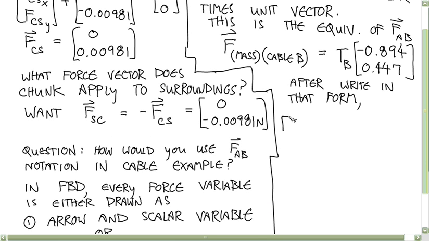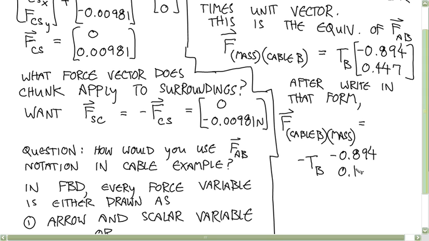Then the force on cable B applied by the mass is negative TB times 0.894, 0.447.